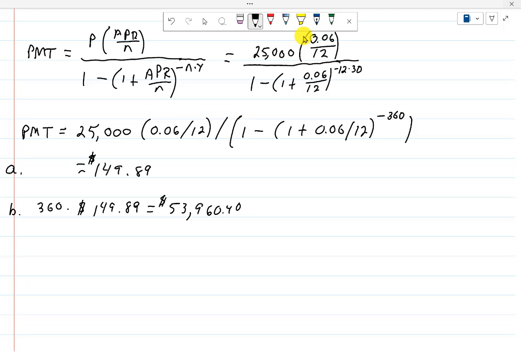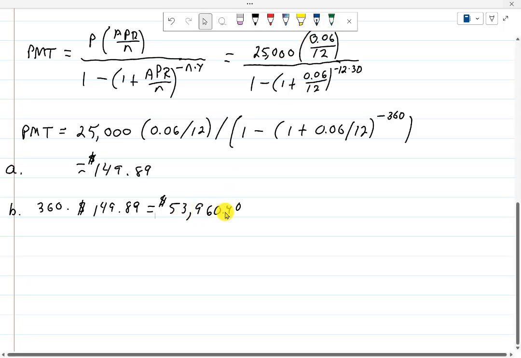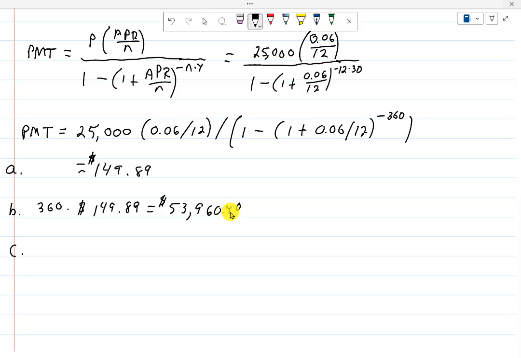Notice the original loan was only for $25,000, and with this, we end up spending more than double what we borrowed. In fact, how much did we pay on the principal, the loan itself? We paid $25,000 total on that loan, but our total with expenses included was $53,960.40.